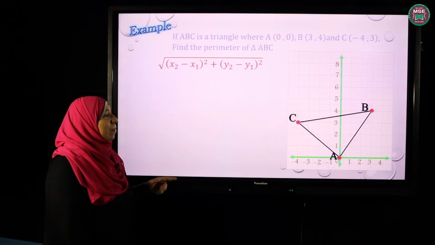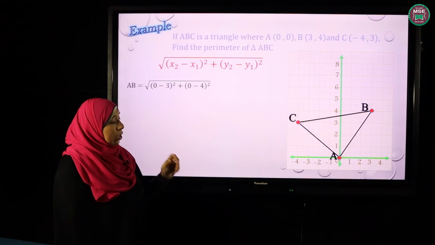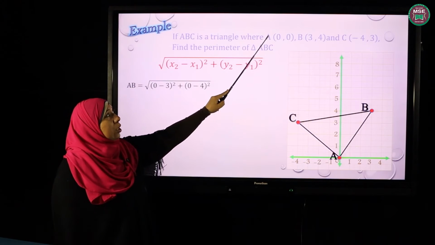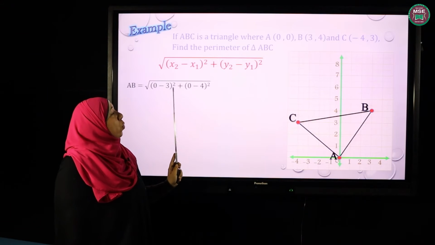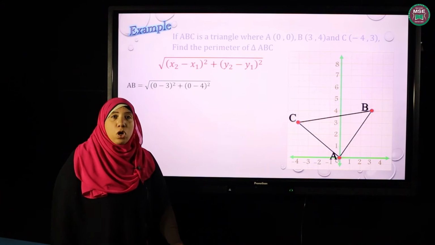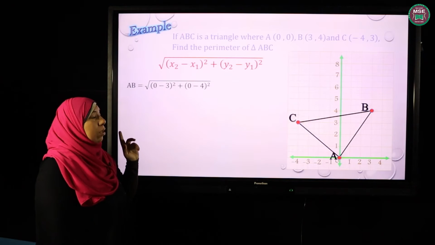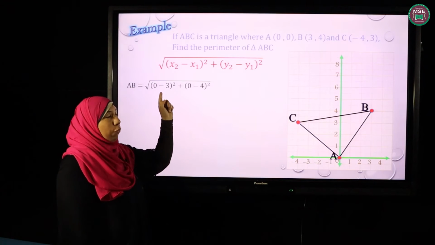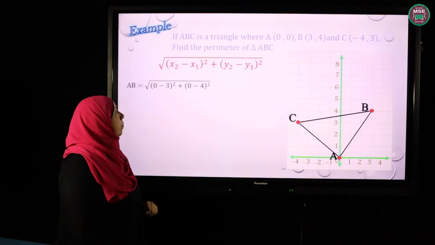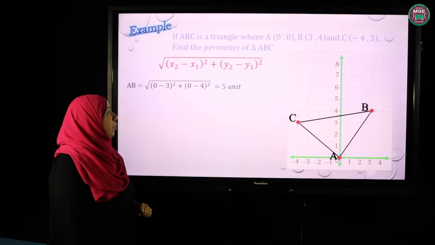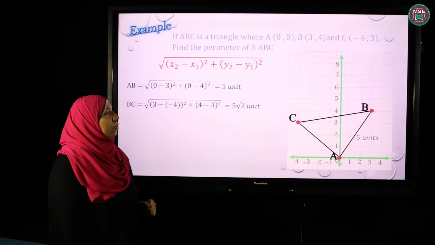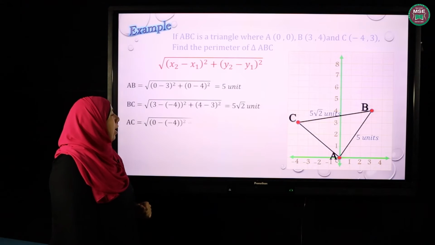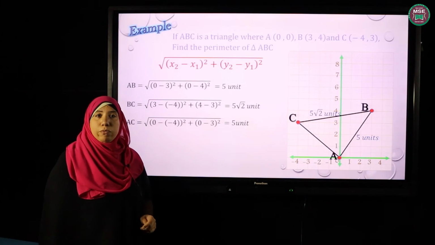First, to find AB, this is x1, and B is x2, 0 minus 3. Y1 and Y2, 0 and 4, inside square root and square, of course, don't forget the square, equal 5 units. The same for BC, equal 5 root 2, and AC equal 5 units.